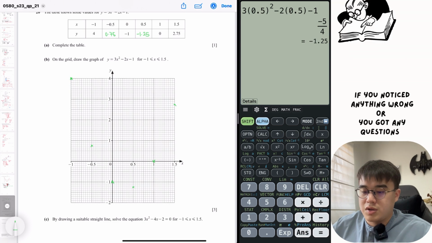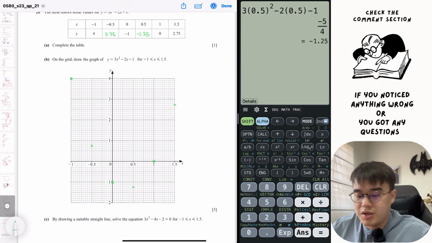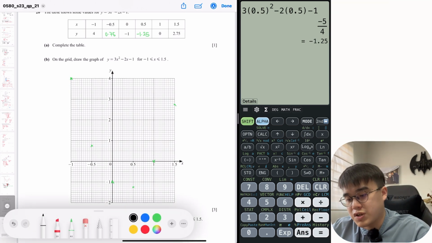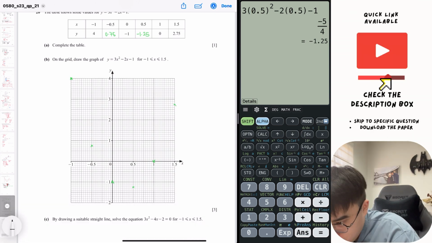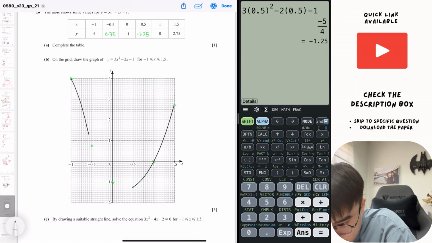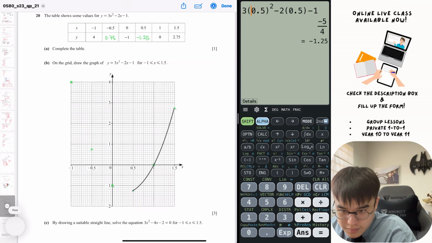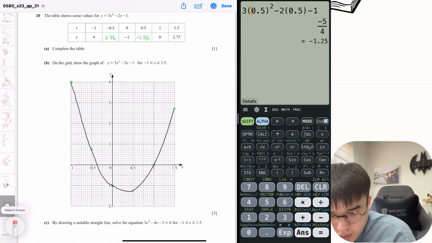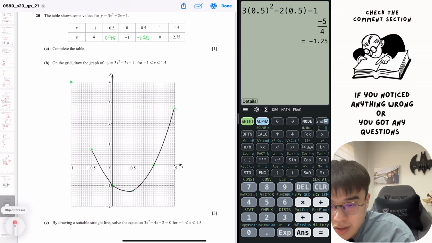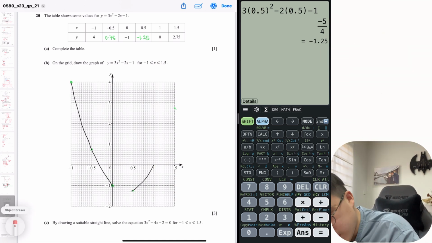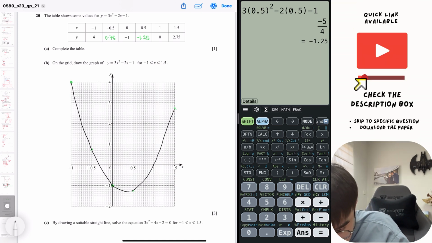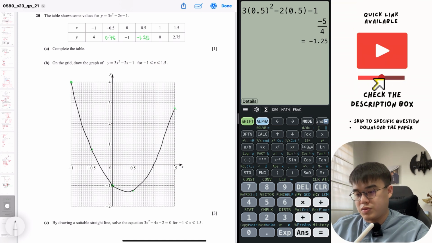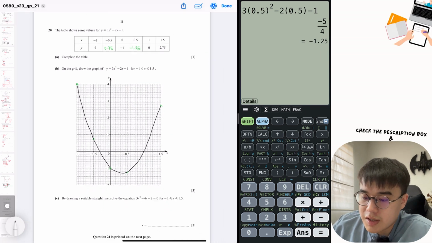Okay, so this will be the full answer here. And when you try to sketch it out, okay, so this will be the answer here.